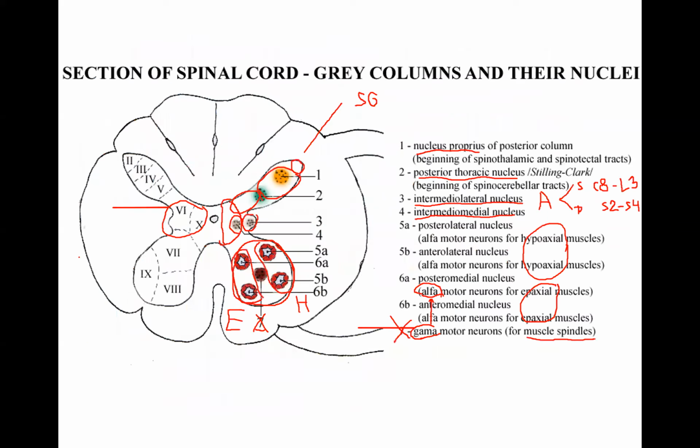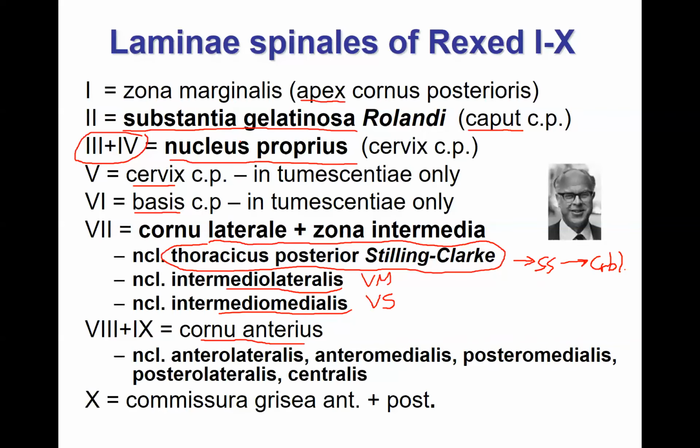And then the posterior horn, and inside the posterior horn we have two major nuclei, the substantia gelatinosa of Rolando and the proper nucleus.